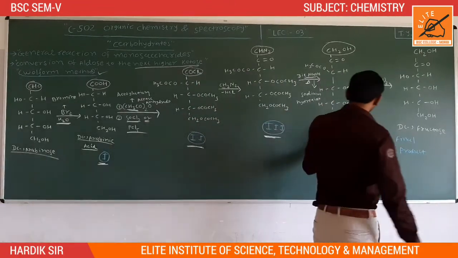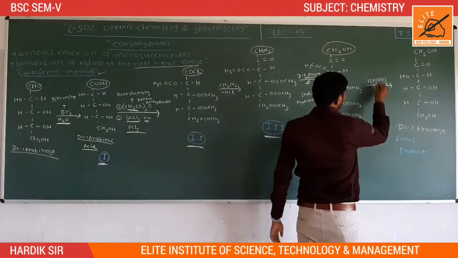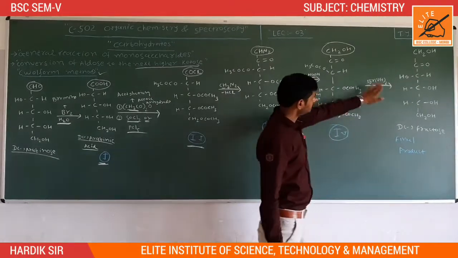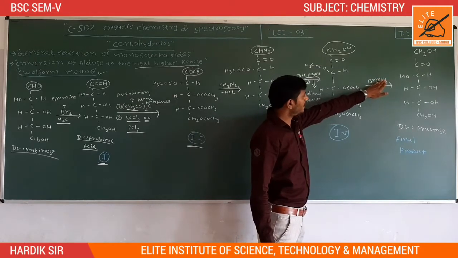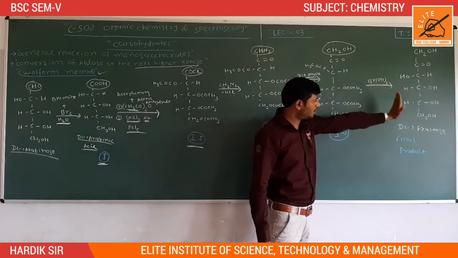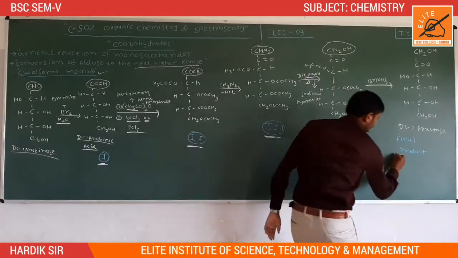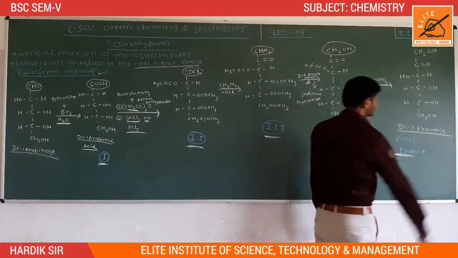Now this fourth intermediate product is reacted with Br2/H2O. This is the reagent, bromine water, and it produces our final product, D-fructose.